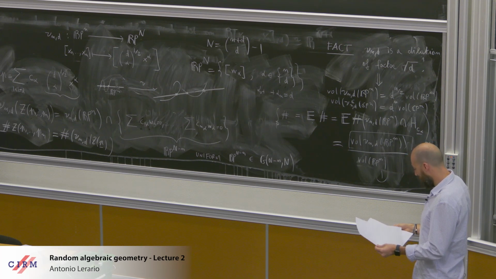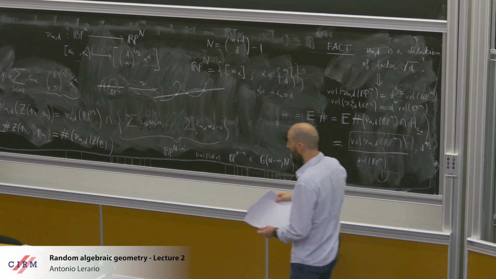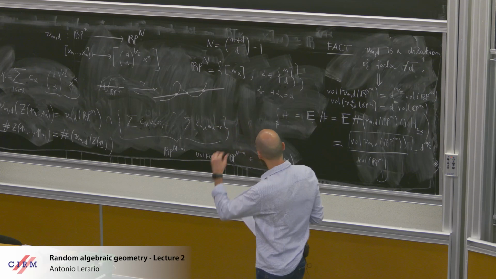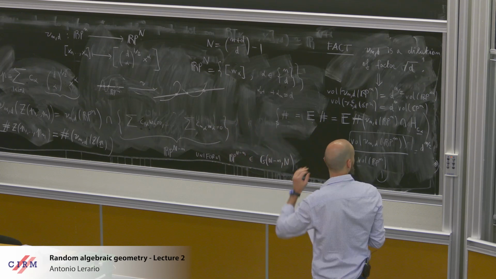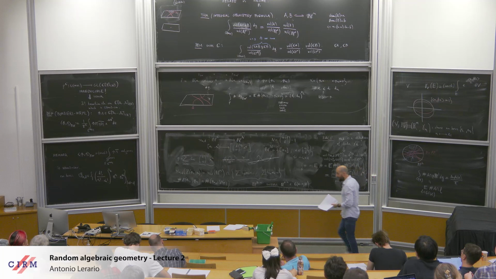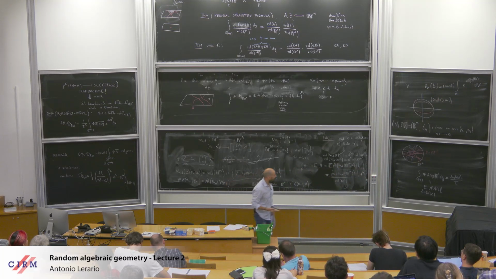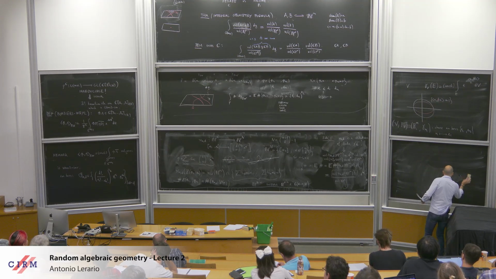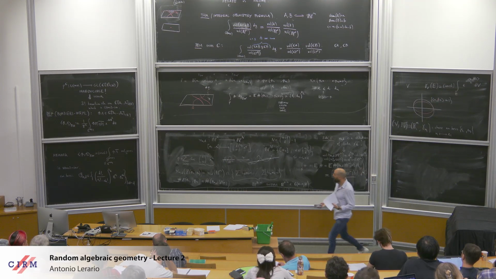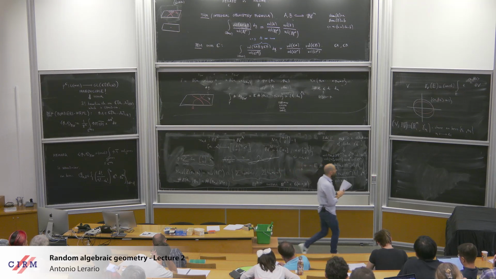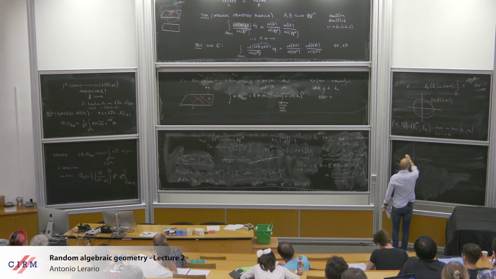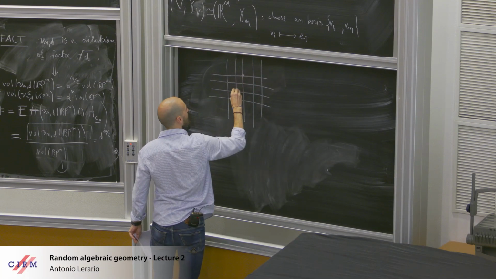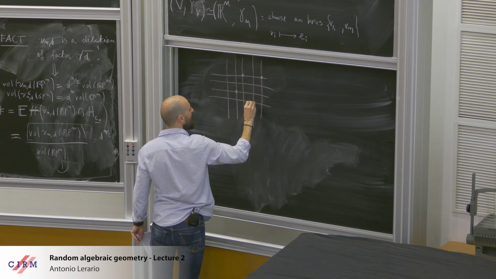Maybe I'll just conclude with a couple of comments. One comment, which is what I wanted to say, is about the BKK theorem. Now, instead of studying equations where you have the full support, you constrain yourself to choosing, for each equation, just some monomials, okay?